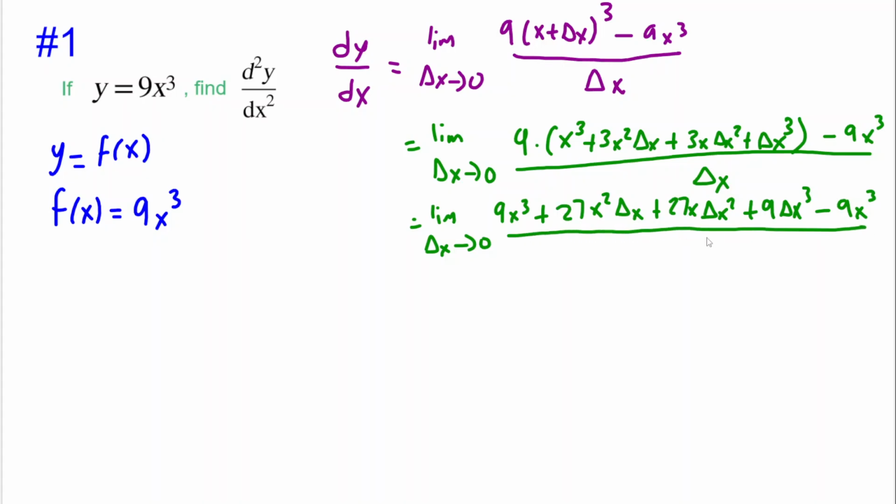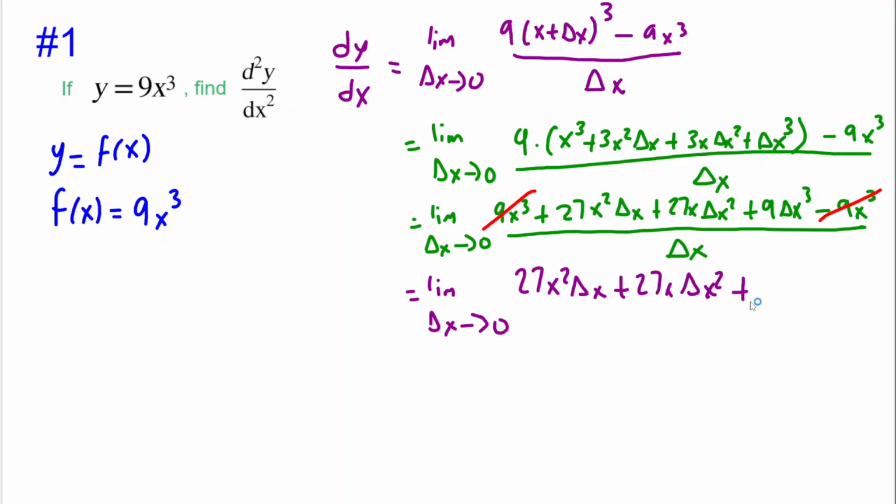So again, a lot of algebra here, but just make sure you know what you're doing. And then here our 9x cubeds will cancel. And then we'll get the limit as delta x approaches 0 of 27x squared delta x plus 27x delta x squared plus 9 delta x cubed all over delta x.